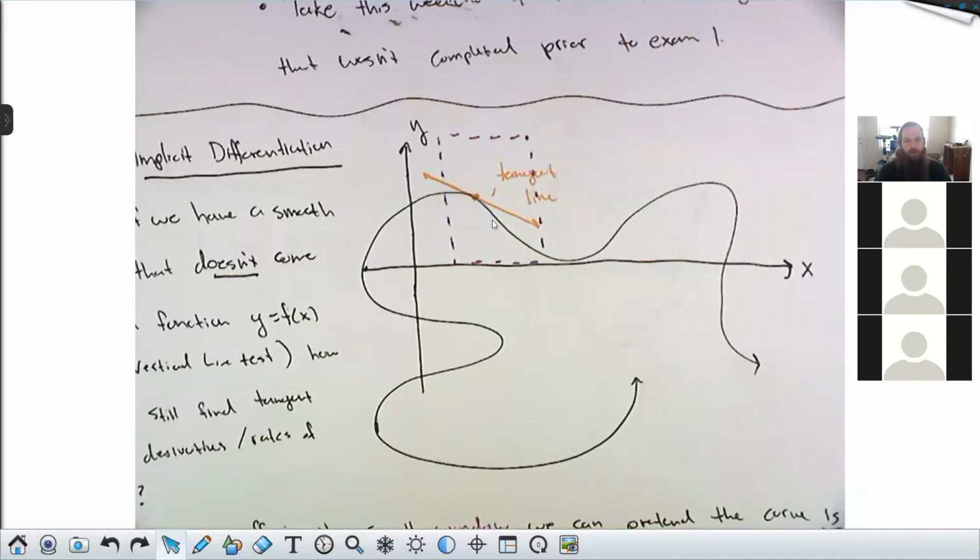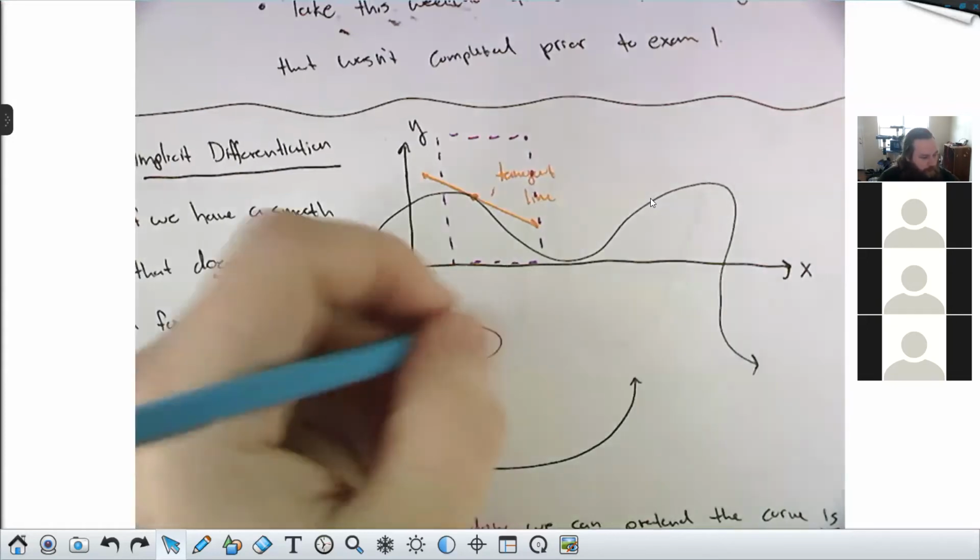Where could I not find the tangent line? Or are there any places along this curve where I could run into trouble trying to do this? Is there any point about which I could not draw a window such that the function within that window, or the curve, I should say, within that window, does not pass the vertical line test?